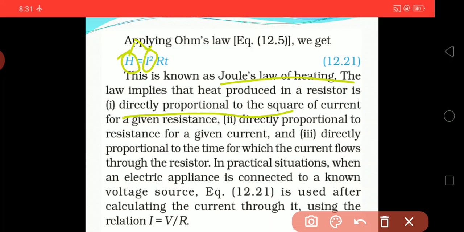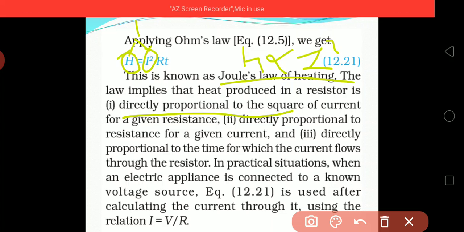So what is the relation between heat and current? H is directly proportional to I square. So this is the relation between them.